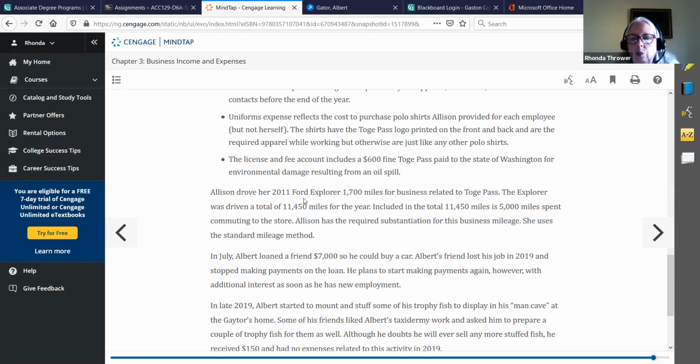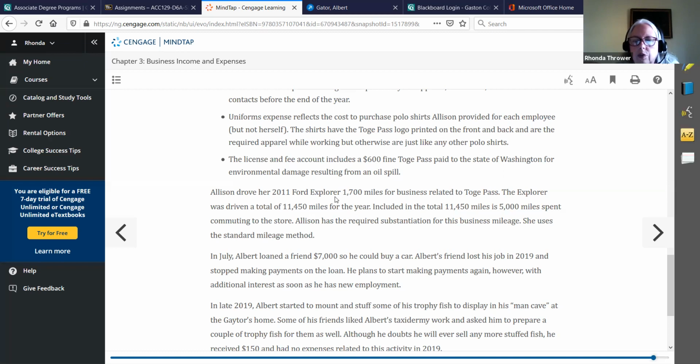$986 are going to be related to the travel expense that you have for the number of miles that you've operated your vehicles that was business related. Notice they also give you some other information down here, which they do not include in the amount that was related just to Toad Pass.